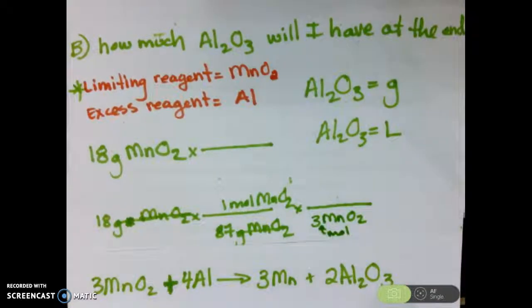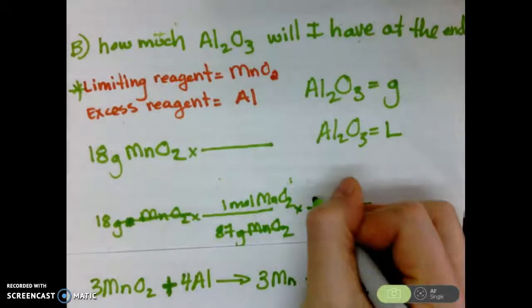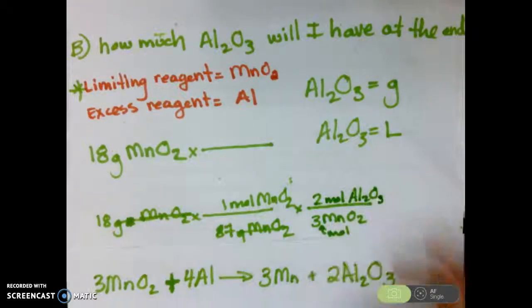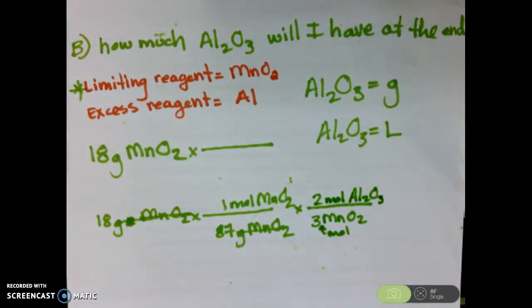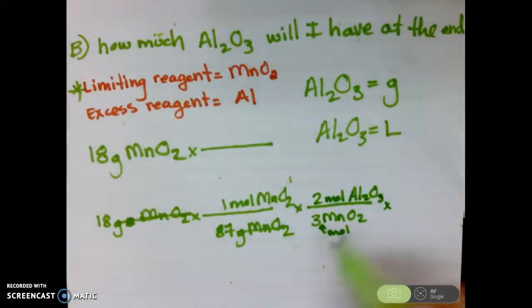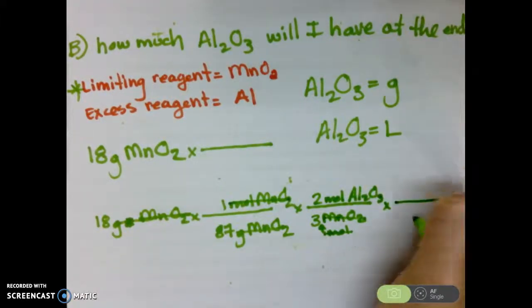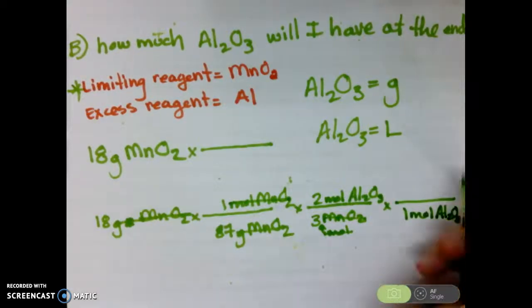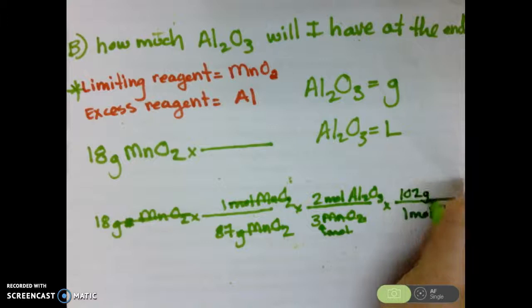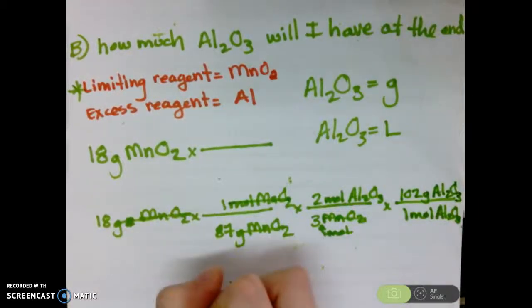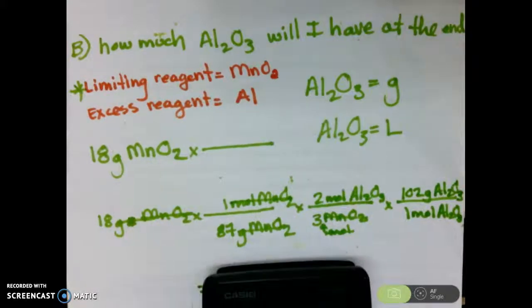And then here we have 2 aluminum oxides. That will help us get to the grams and liters that we need. Then moles can cancel out. Now we need to find grams and get rid of moles. In 1 mole of aluminum oxide, we know that there are 102 grams. Now we just need to plug this into our calculator, and then we're finished.